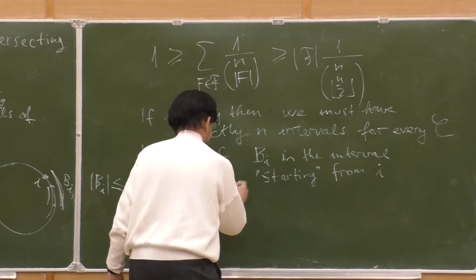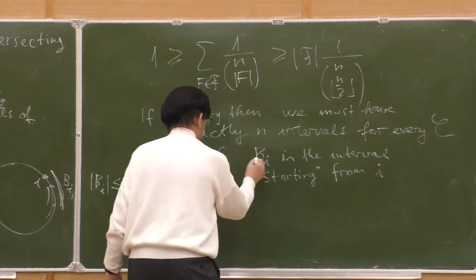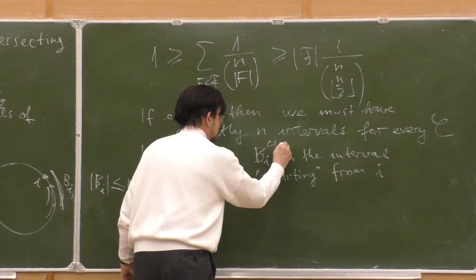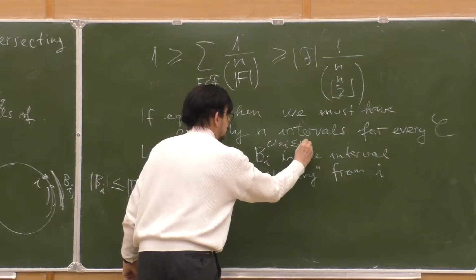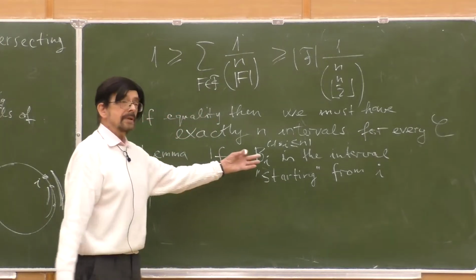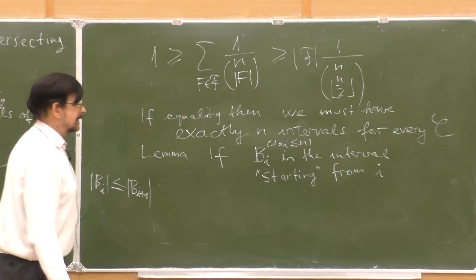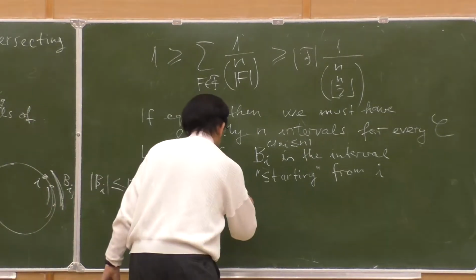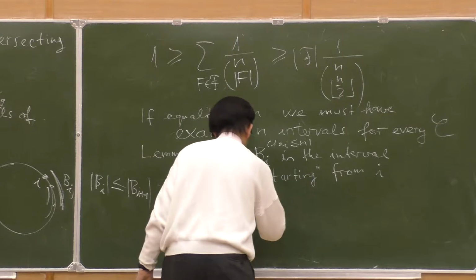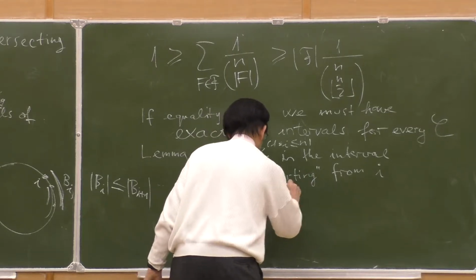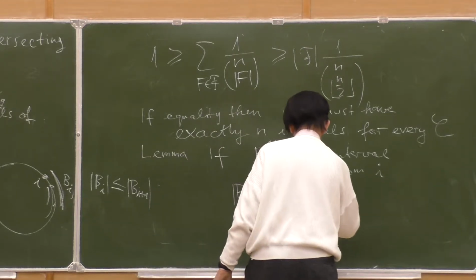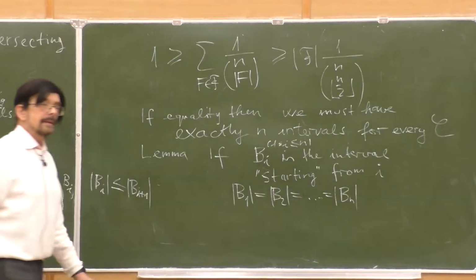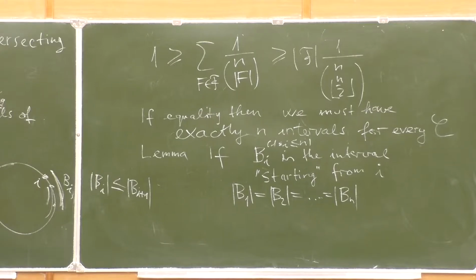And yeah, so here I should have written from 1 to n. So that's very important that we have n such sets exactly. And then this is the statement that they all have the same size.